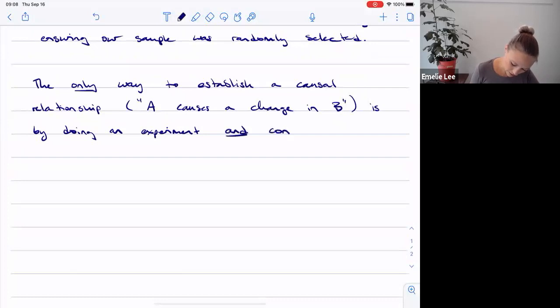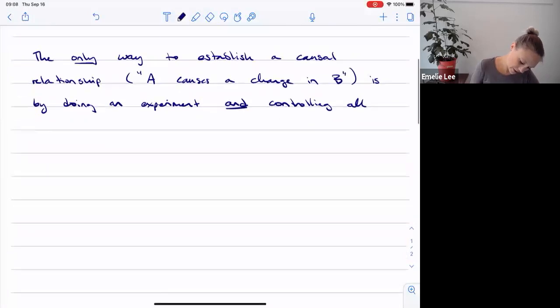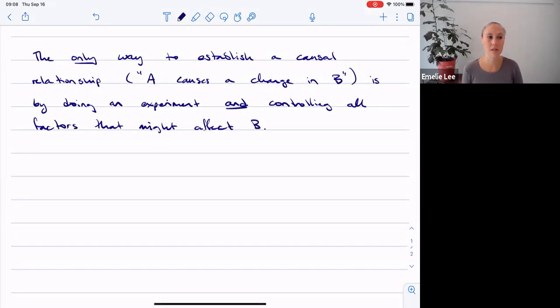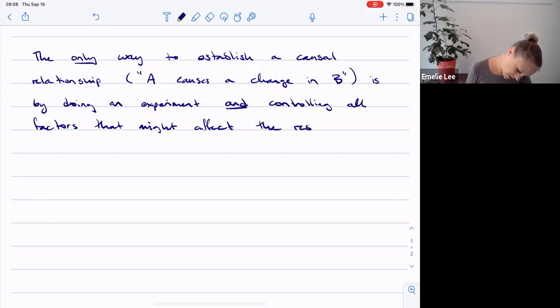and controlling all factors that might affect B in this case, right? From this example here, right? If we're looking at the change in B, then B is the response variable. In fact, maybe I'll clarify here that might affect the response variable.